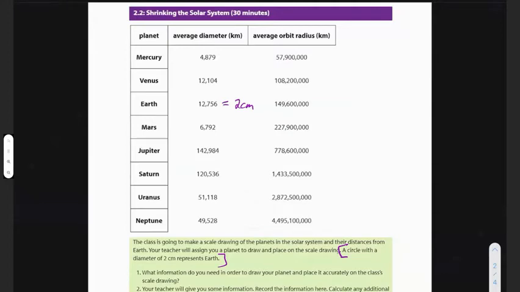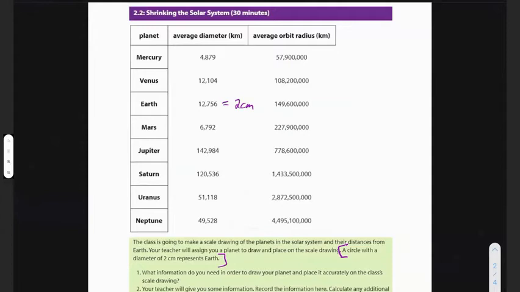Okay. Now you're trying to figure out, well, if I'm shrinking Earth down to that scale, what's the diameter for all the other planets? And notice how they also give you the average orbital radius of all the planets as well. So it's like, okay, well, what are those going to be? That's really how far apart they are going to be from the sun, right?